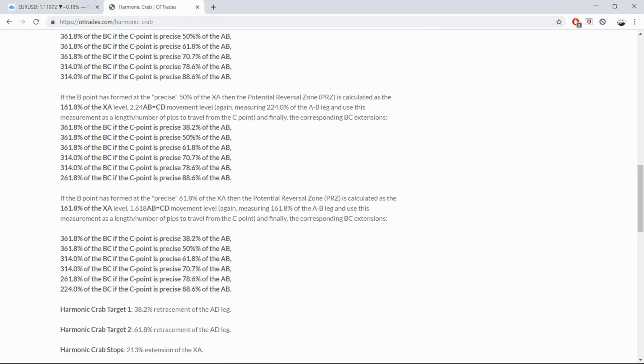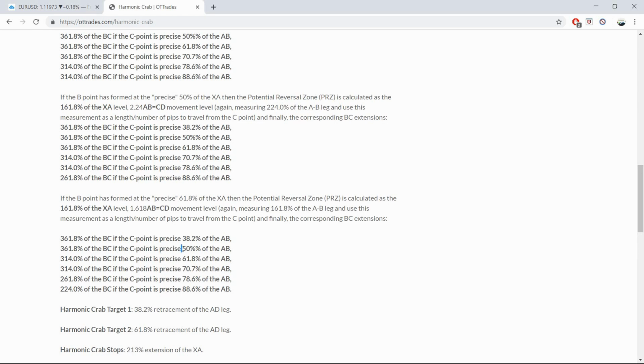And finally, depending on the C point, whether it's a precise 382, again, precise does not mean exact 382, it means 1 pip closer to the 382 than it is to the 50%. For 382, because it's the minimum fib level, it needs to at least hit the 382 and then cannot exceed the midway point between 382 and 50%.